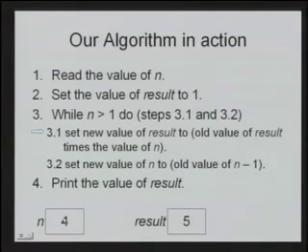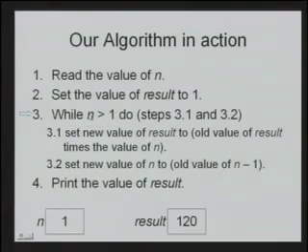We come here, the value of result now becomes 20, 5 times 4, and now the value of n becomes 3. So we go back, n is still more than 1, and therefore we repeat the steps again. So result now becomes 60, and n now becomes 2, which is still greater than 1, so we do this once more. Result now becomes 120, the value of n becomes 1.